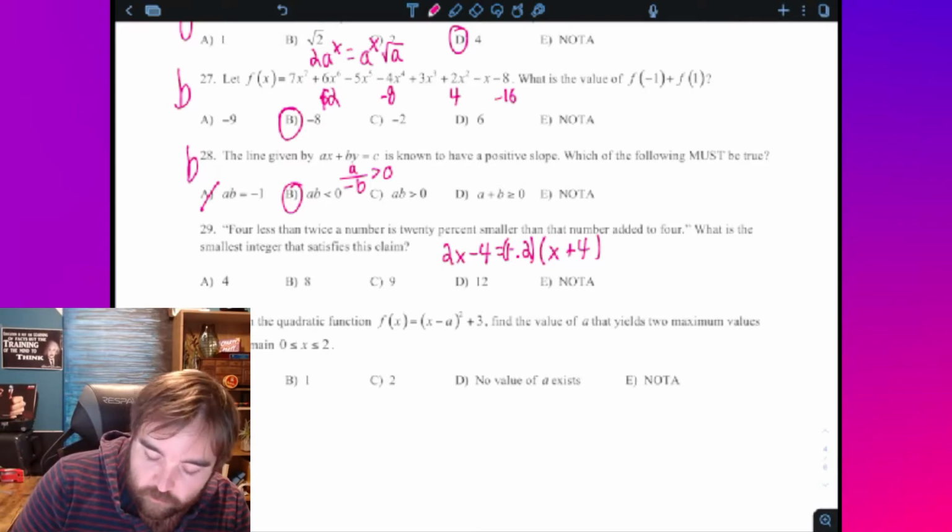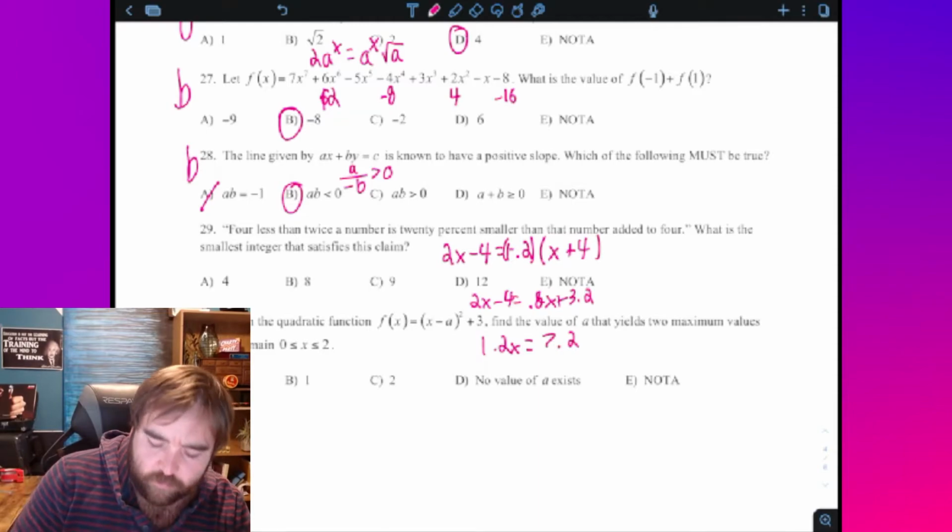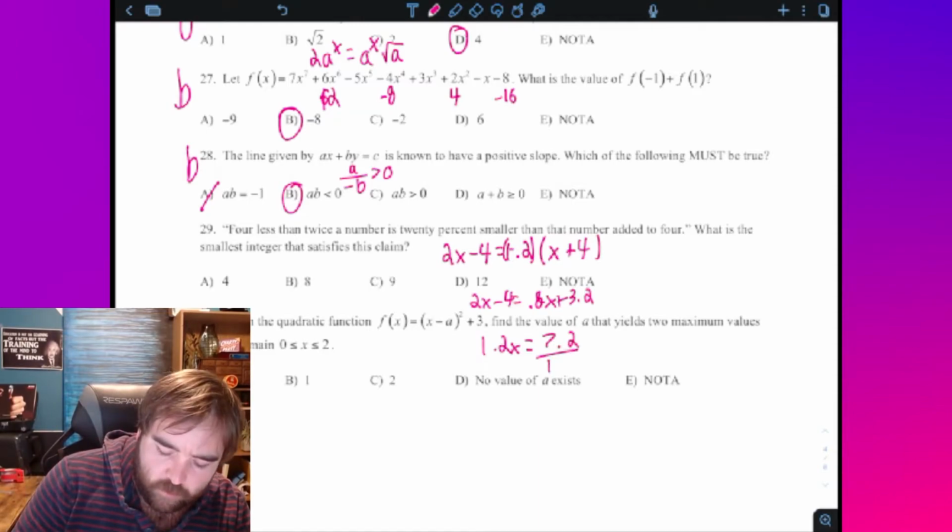Well, I don't think there'll be multiple. Because we're going to do, that's 0.8, so it's 0.8x plus 3.2 equals 2x minus 4, so we subtract that. 1.2x equals 7.2. Divide 1.2, divide 1.2, that's 6.